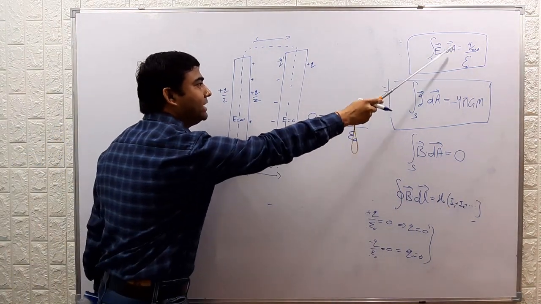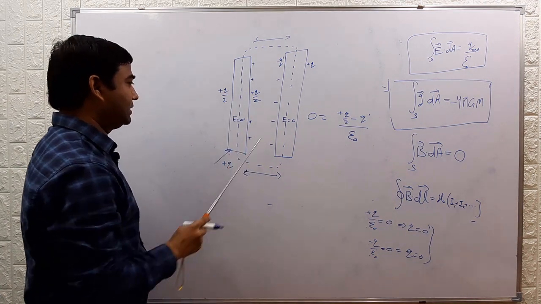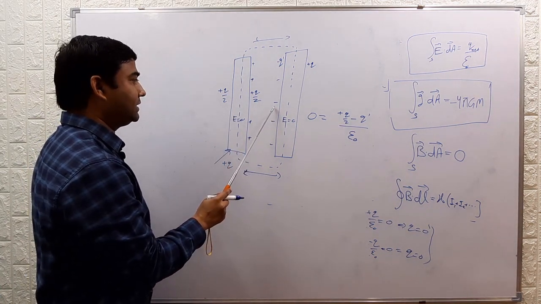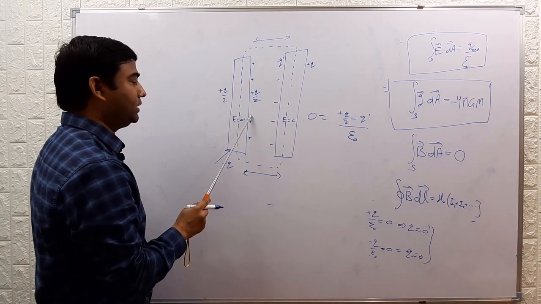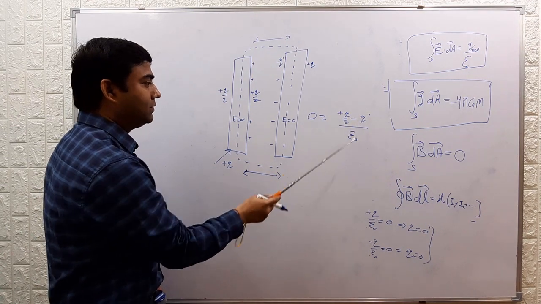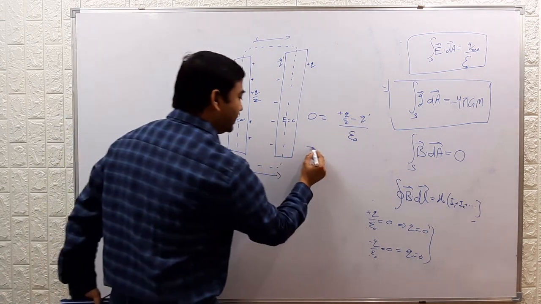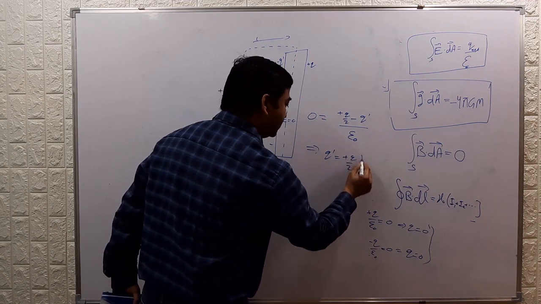Gauss's law, Q net by epsilon 0. So Q net inside this surface is this surface charge, that is minus Q dash, and this surface charge, that is plus Q by 2. Plus Q by 2 minus Q dash, that is the net charge divided by epsilon 0. So here you can say Q dash is equal to plus Q by 2.